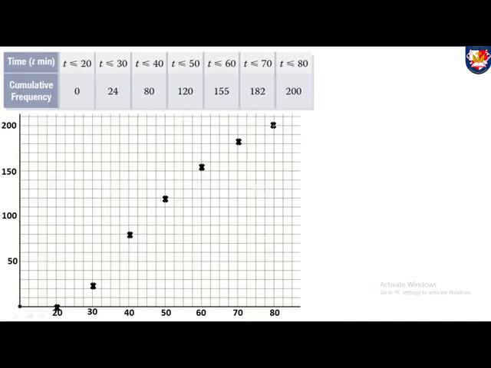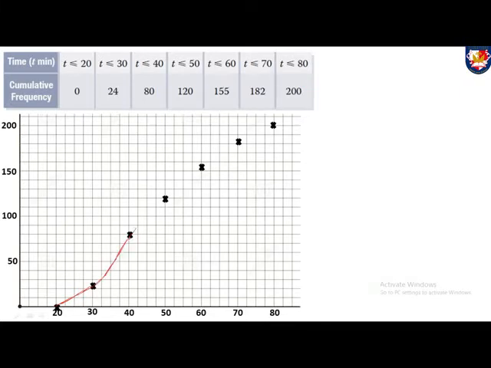That is the total frequency. Now we just need to connect all the dots here, and remember we make a curve, not a straight line. So we need to sketch it from one dot to another dot.